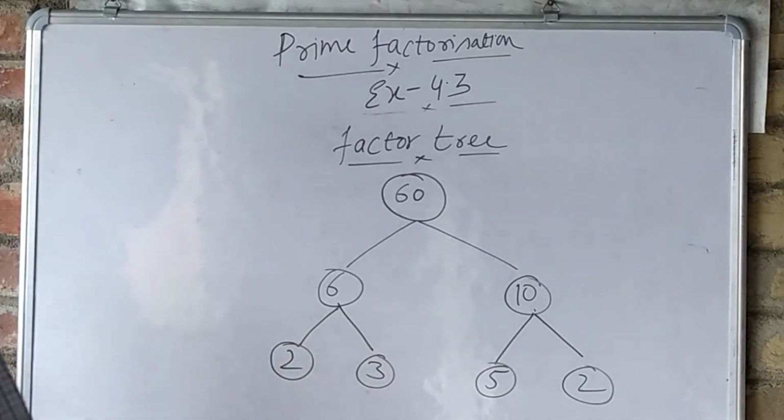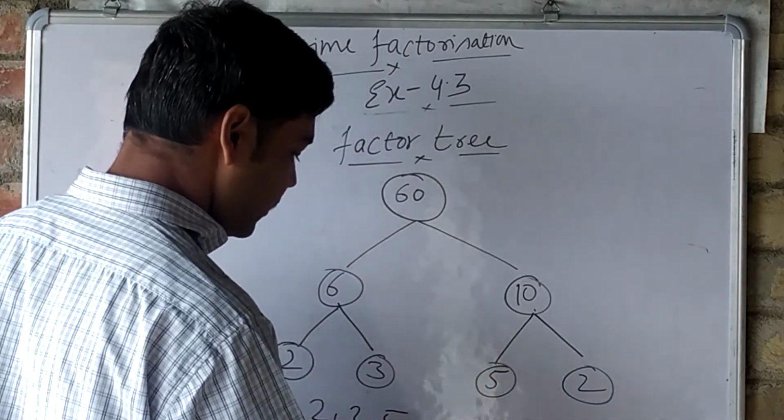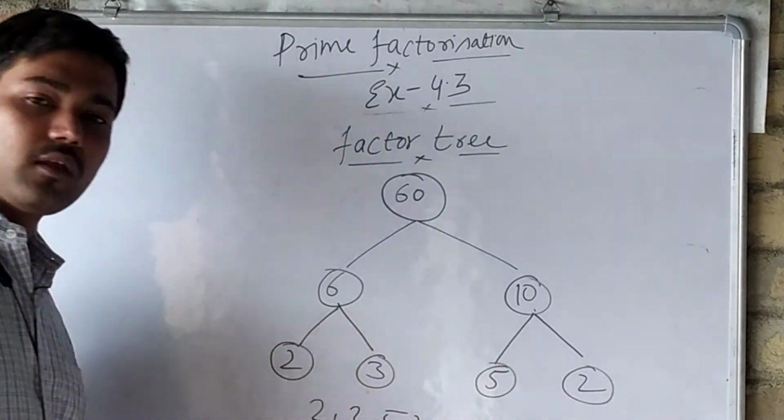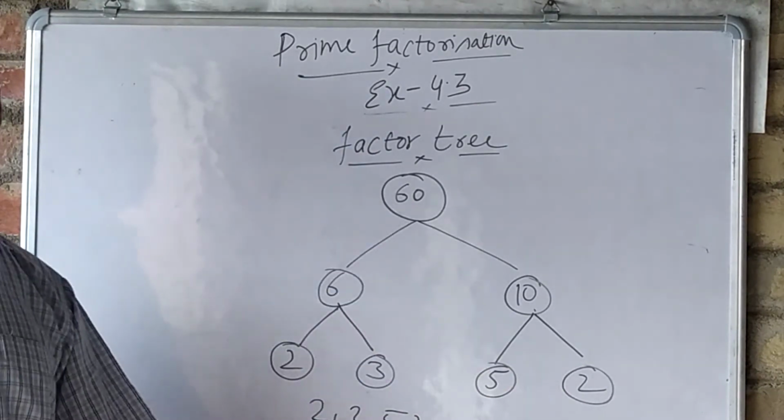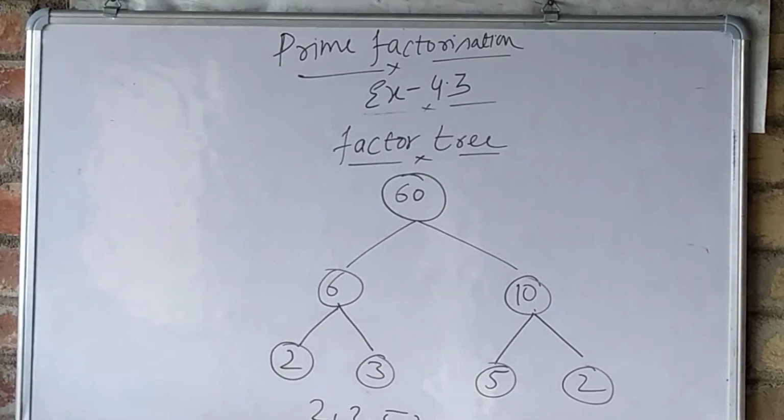The factors will be 2, 3, 5 and 2. These are the factors of 60. This process is known as the factor tree.